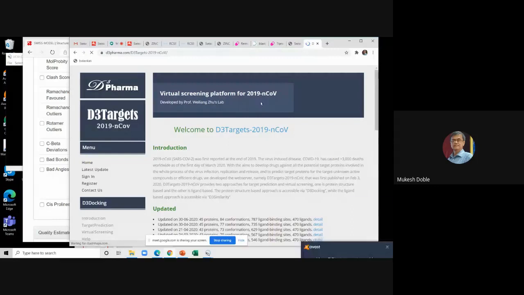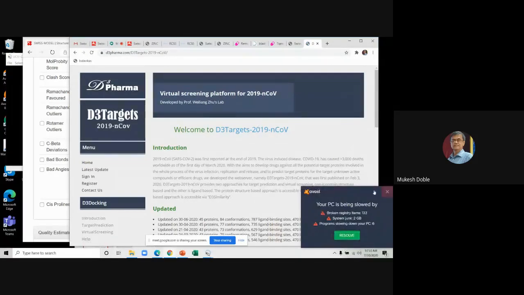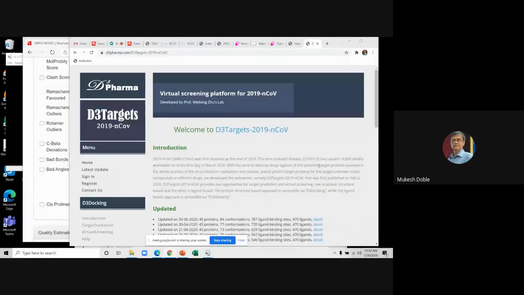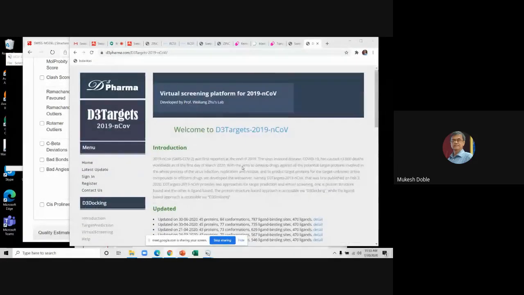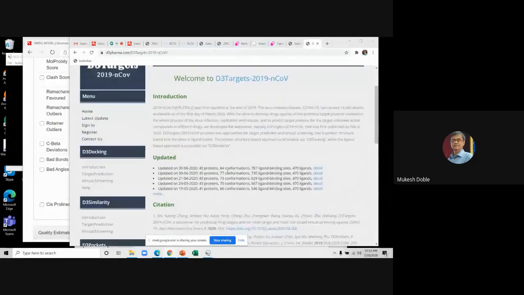So this is a recent one which has come, just for looking at targets for COVID. They keep on adding new targets which came up recently.